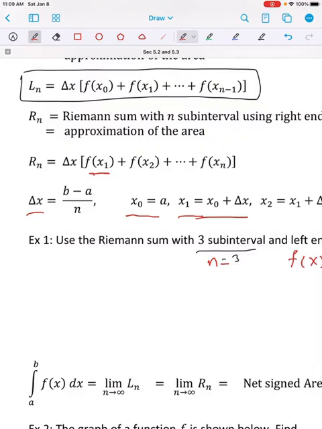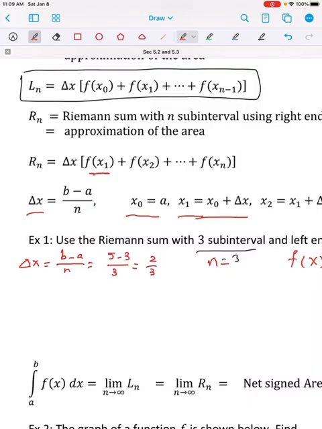So how do we find them? We start by finding delta x, which is b minus a over n. So in our case it will be 5 minus 3 over 3, which means 2 over 3.